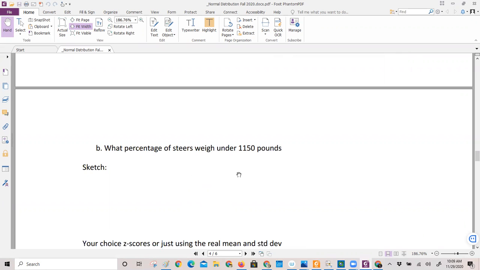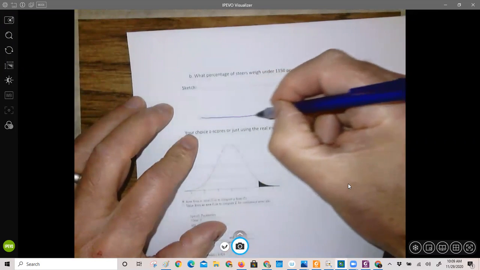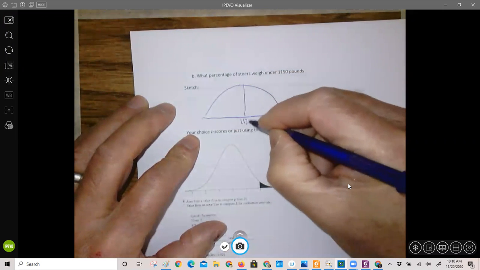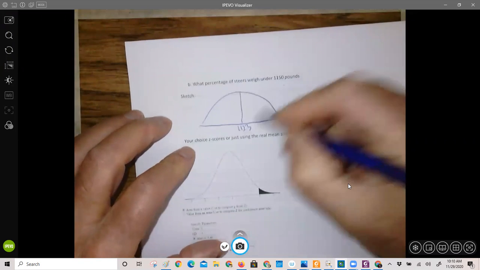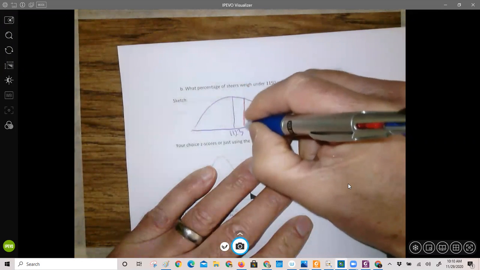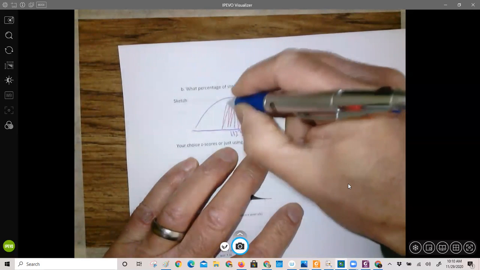Well, maybe I should come back with a sketch, because I want to show you that you don't have to do such a detailed sketch, especially when the applet will do it for us. Just make a little sketch, put the 1123 mean in the middle. Now 1150, let me get a different color ink. 1150 is about here. It doesn't have to be exact, but they're saying under that. So I want this area to the left.